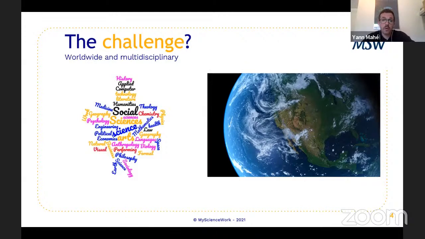And also, probably the implementation of FAIR data will not be the same. You will have different goals to be reached, and very concrete things. And that's, I think, why repositories appear as a very relevant solution to bring answers to these different challenges.